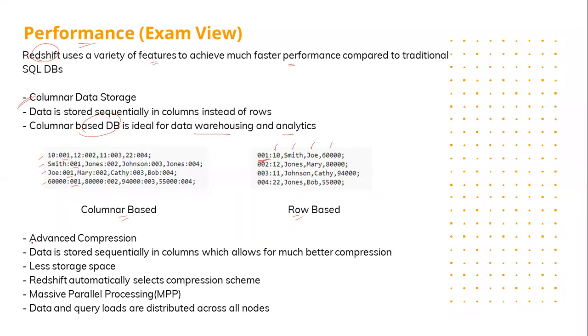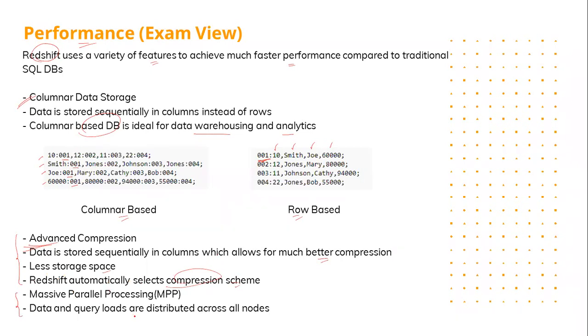And we also have advanced compression. Data is stored sequentially in columns, which allows for much better compression, which takes less storage space, and Redshift automatically selects the compression scheme. So we have advanced compression as a second feature. And the third one is massively parallel processing.